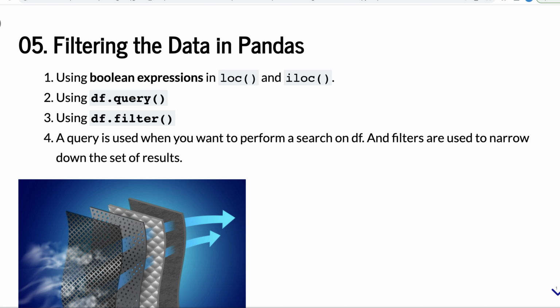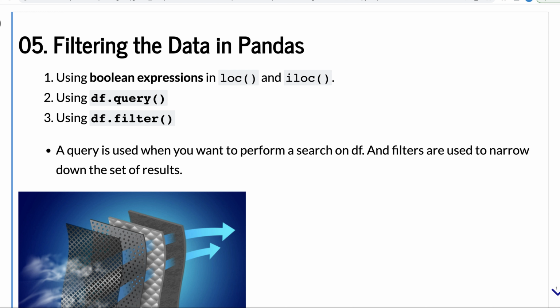So query and filter are almost the same, but they offer different APIs to us. A query is used when you want to perform a certain search on the data frame, whereas filter is used to narrow down the data set. But the practical usage is almost the same. You can use them alternatively.